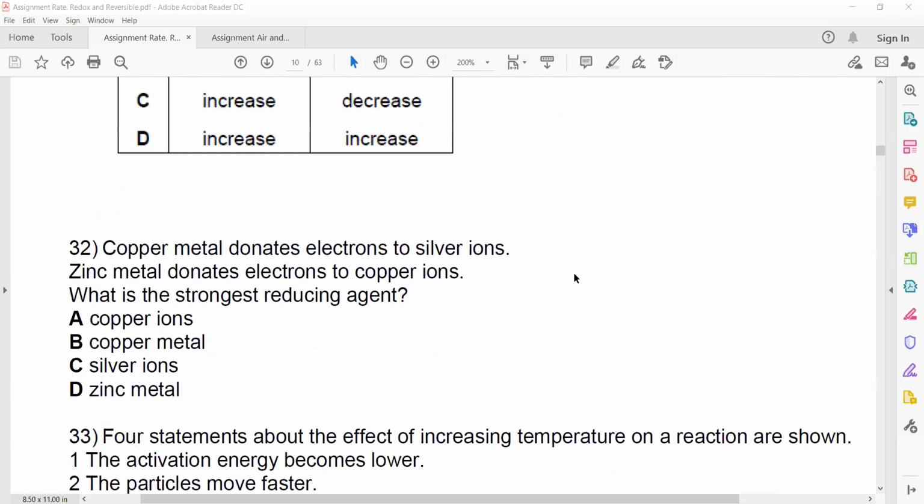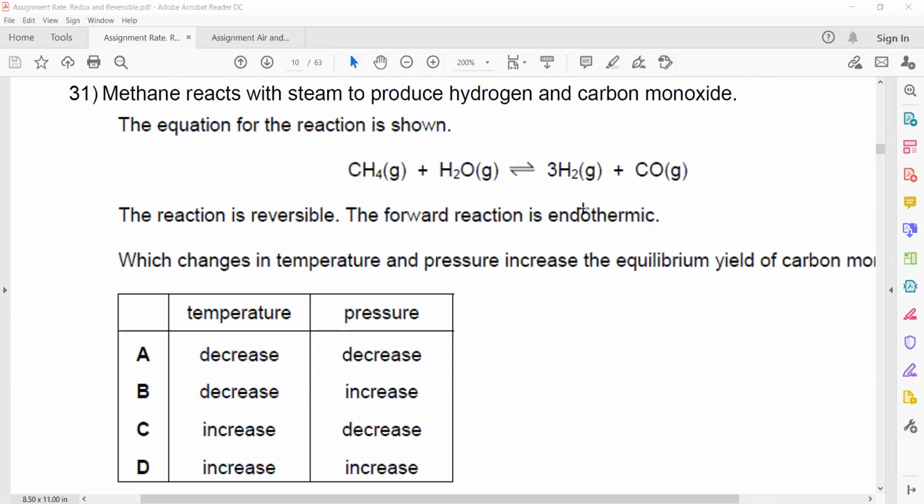The rate of the reaction: when we change the pressure, the rate will change. But what happened? Look at the number of particles in the mixture. You have CH4 and H2O, then 3 hydrogen molecules and carbon monoxide.